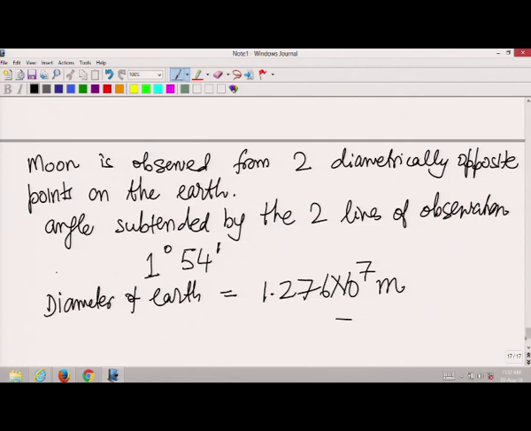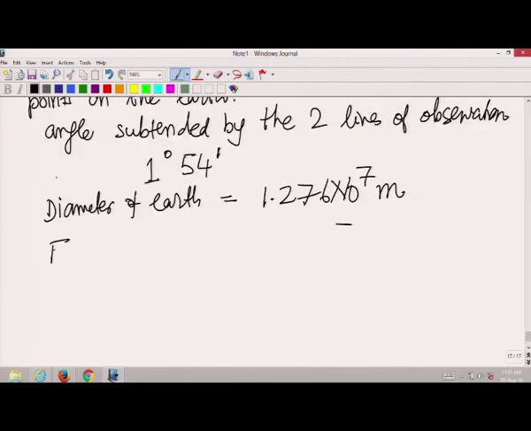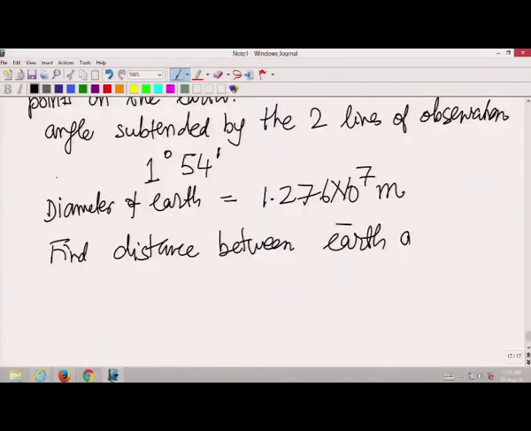What you are supposed to find is the distance between earth and moon.